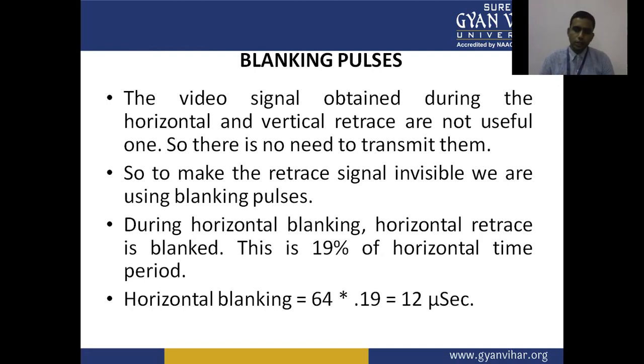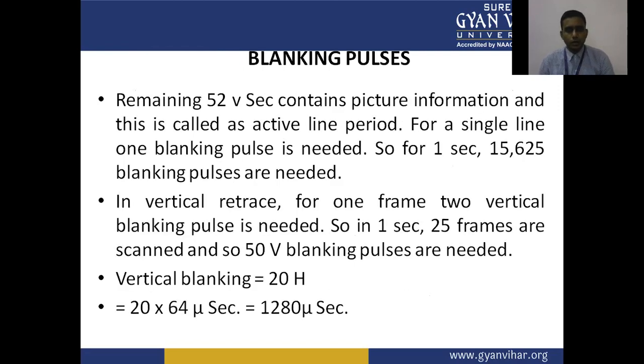So 64 into 0.19, that is 12 microseconds, is the horizontal blanking period. The remaining 52 microseconds contains picture information, and this is called the active line period.